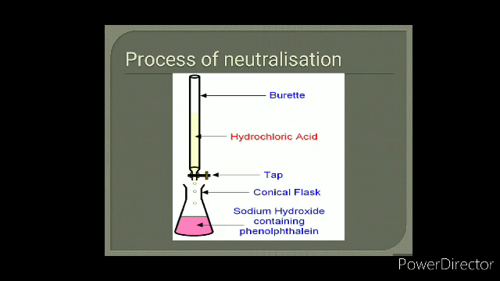In that conical flask, we will take sodium hydroxide and add phenolphthalein. Phenolphthalein is a synthetic indicator, and whenever it mixes with a base, its color will change to pink. So whenever phenolphthalein is mixed with sodium hydroxide, its color will change to pink.